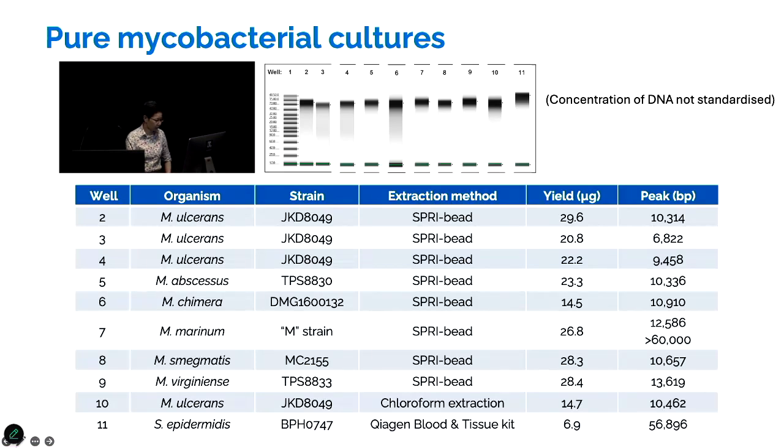For comparison, at the bottom here we can see the QC metrics of a standard chloroform type extraction, which is what would be more traditionally used for M. ulcerans, as well as what you get if you do a standard commercial kit extraction with a much more friendly to extract bacteria, which is Staph epidermidis in this example.